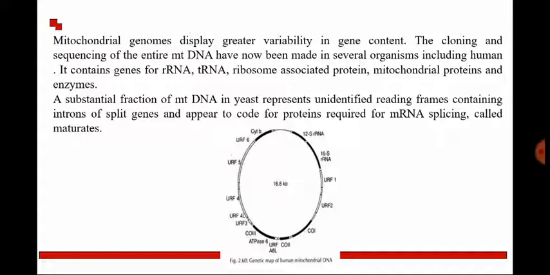The cloning and sequencing of the entire mitochondrial DNA have been made in several organisms including humans. So it contains genes for rRNA and tRNA, ribosomes associated with proteins, the mitochondrial proteins and enzymes.